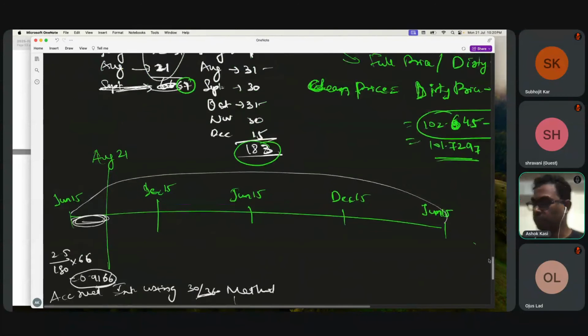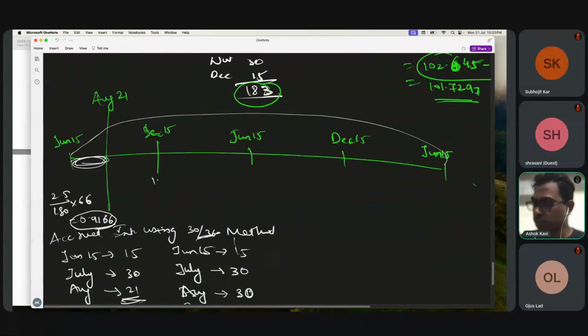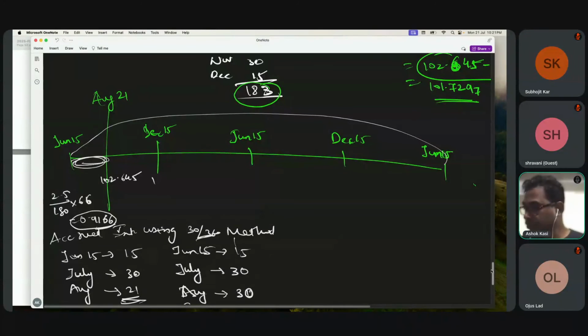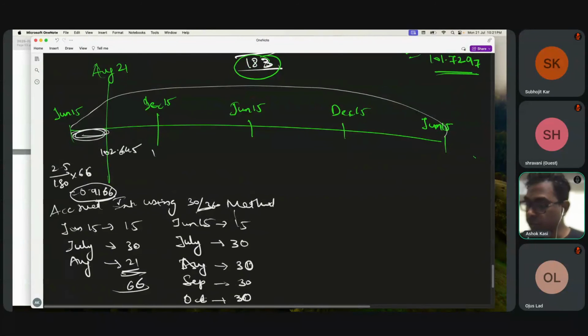The way I did here, this all will be the same. So finally I will get 102.9645.